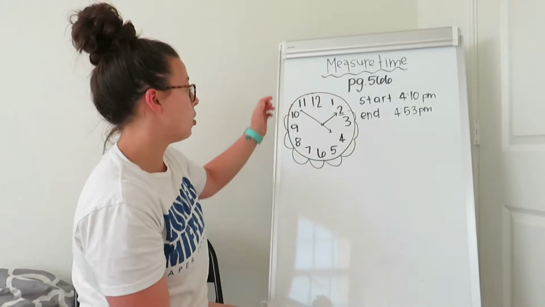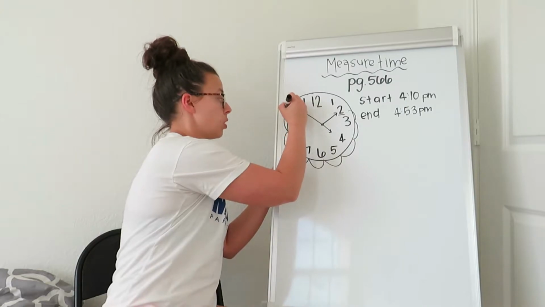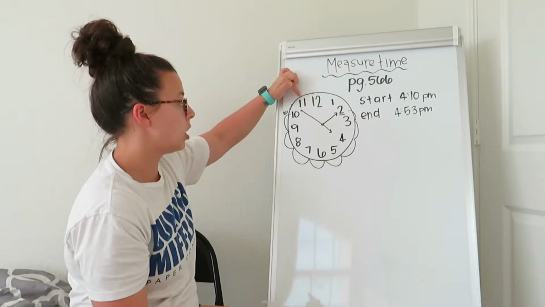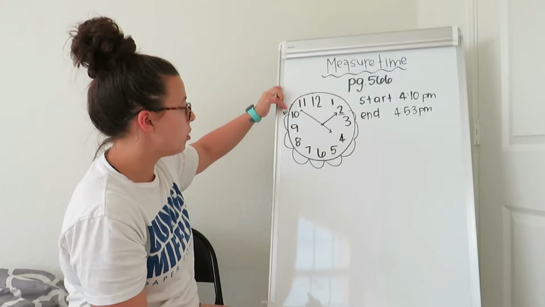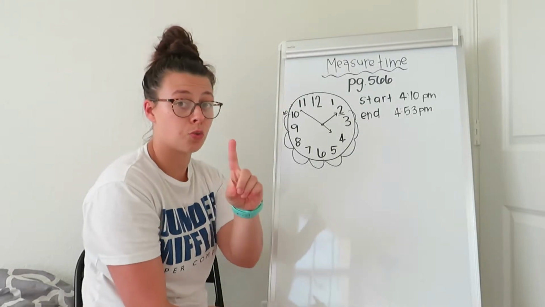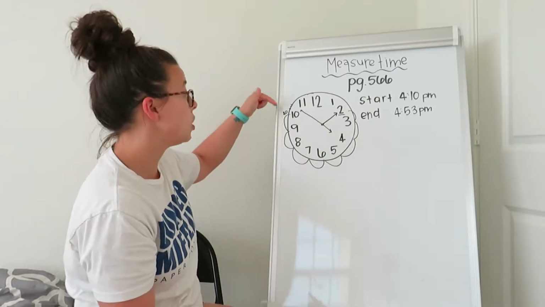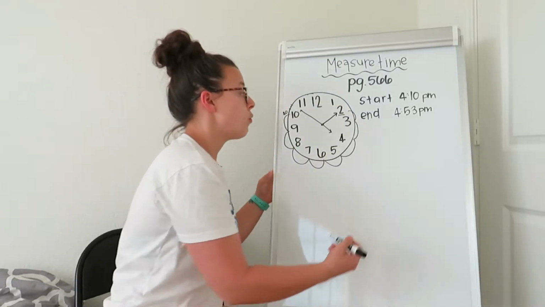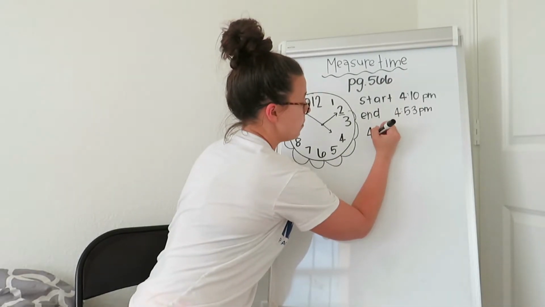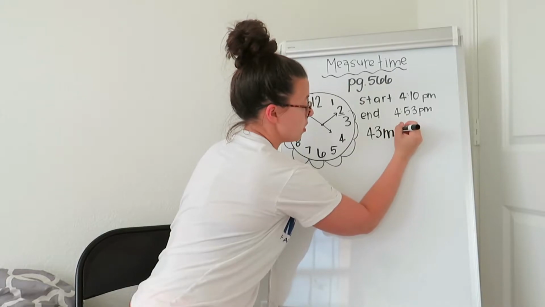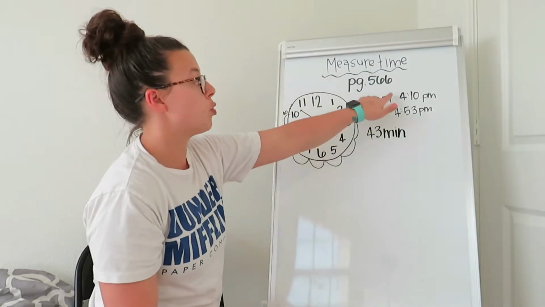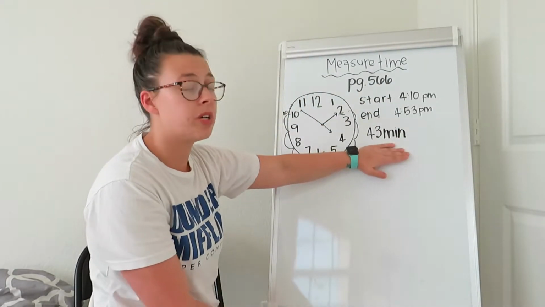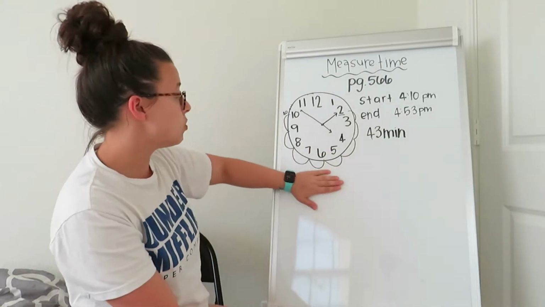But then remember, if we keep going, I'm going to write a little note right here, 40. If we keep going, it'll be 45. But we know that these tick marks stand for ones when you start counting by ones. 40, 41, 42, 43. So we can say from our start time, from 4:10 to 4:53, it was 43 minutes in between. Now that's using a clock.